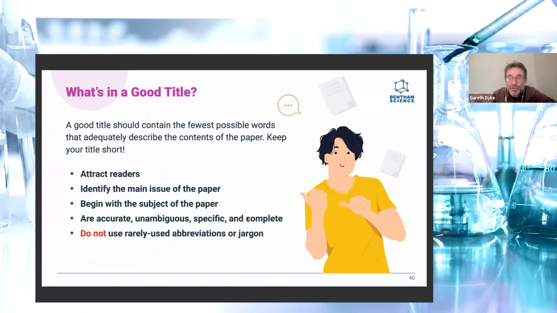You are going to attract readers. Identify the issue of the paper. Begin with the subject. Be accurate, unambiguous, specific, and complete, and no rarely encountered abbreviations or jargon because that immediately narrows your readership group down to that smaller group of people who actually have a decent understanding of your particular subject area. Above all, keep it short.